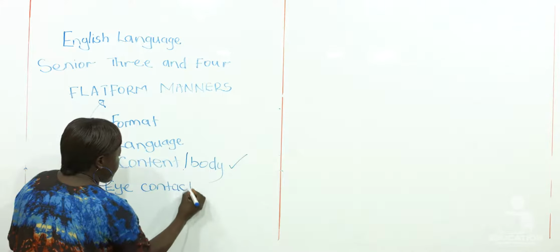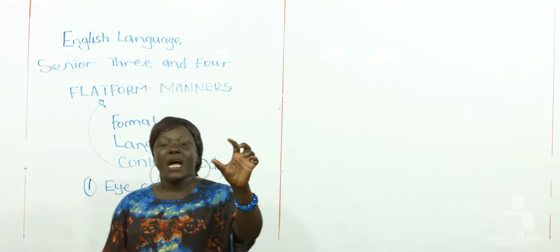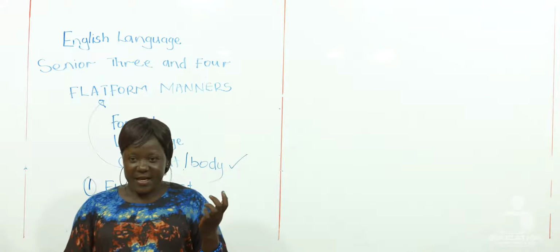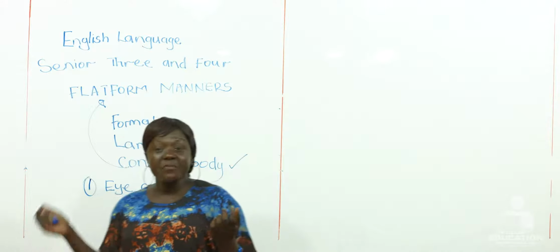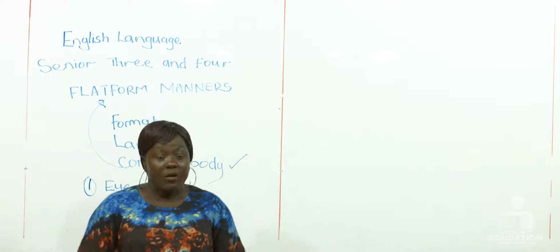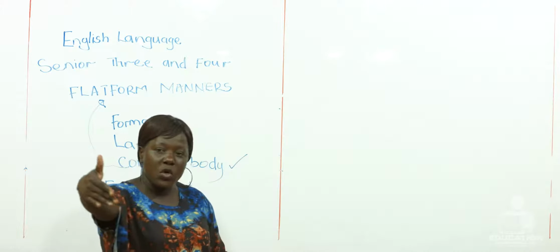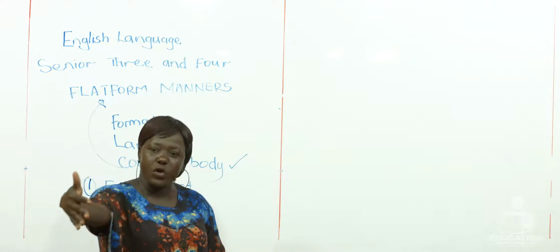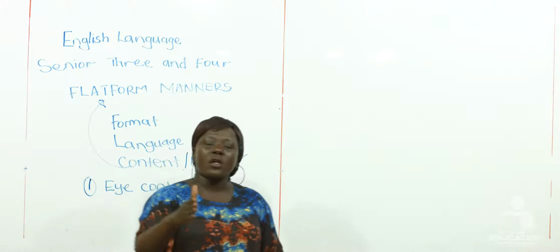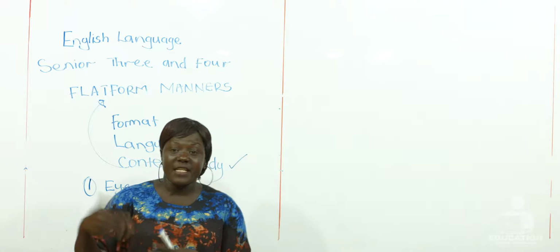My dear learners, under eye contact, a good speaker must keep eye contact with the audience. In this I mean, you must look at your audience directly. For instance, if your audience are seated before you, or maybe they are standing before you, you should not look in the opposite direction from where they are gathered.